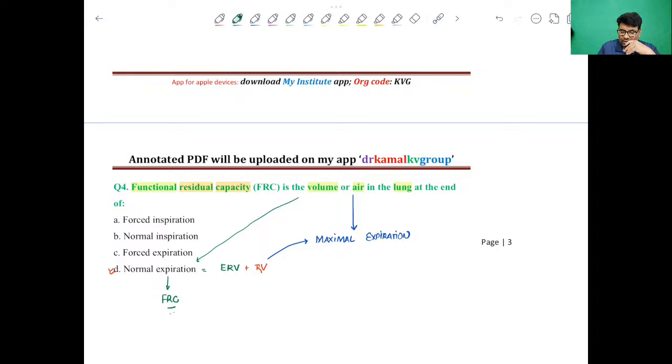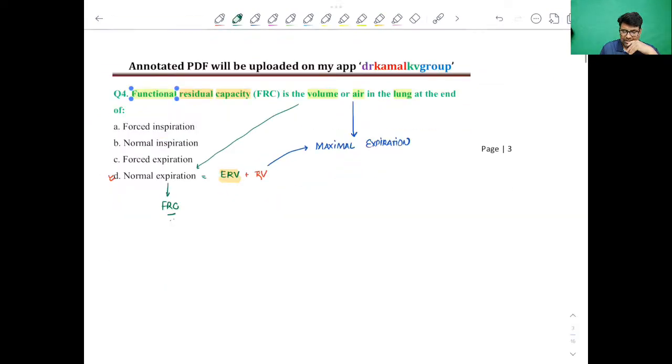And whatever extra amount of air we can breathe out from our lungs after trying our best is the expiratory reserve volume. Okay, so these are the three terms: residual volume, expiratory reserve volume, and the functional residual capacity.